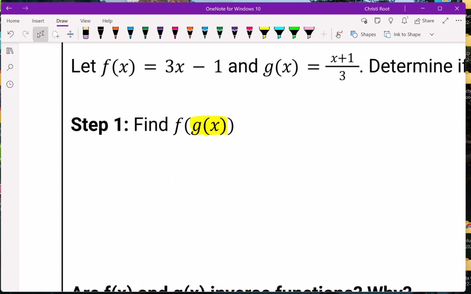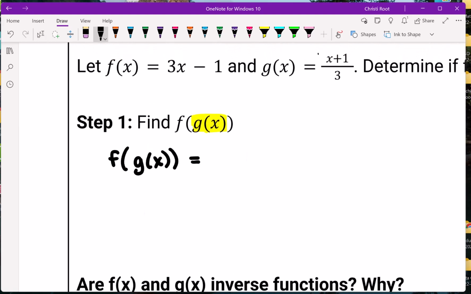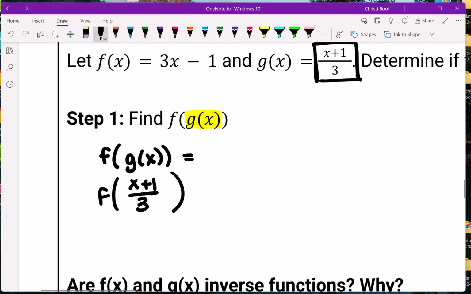So I'm going to find f of g of x. That's what I want to do. What is g of x? It is x plus 1 over 3. So I'm going to substitute g of x with the entire function here. Now on the other side, I'm going to write the f function.